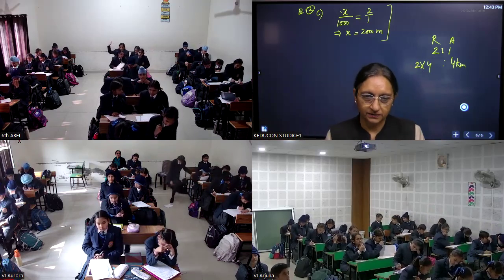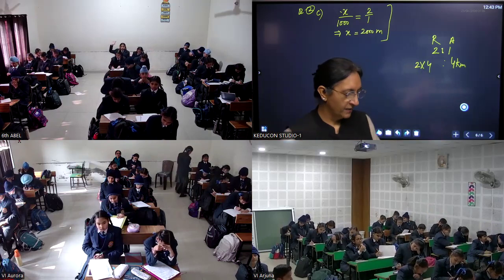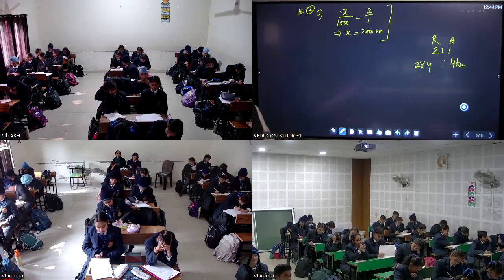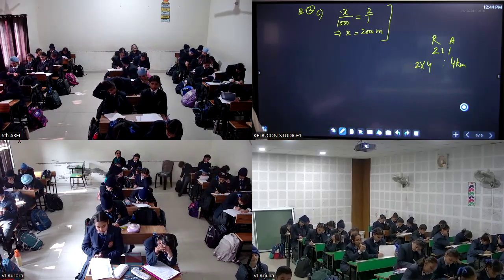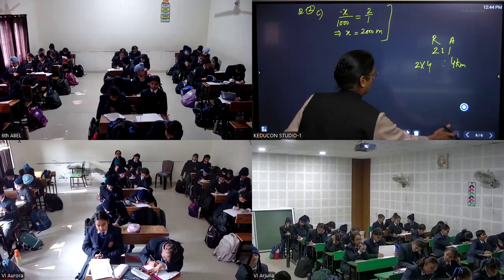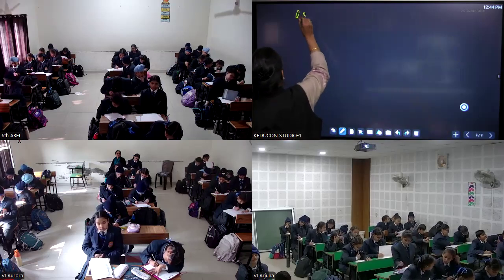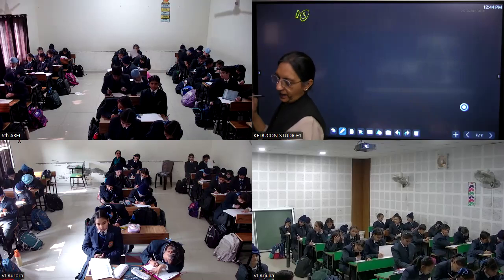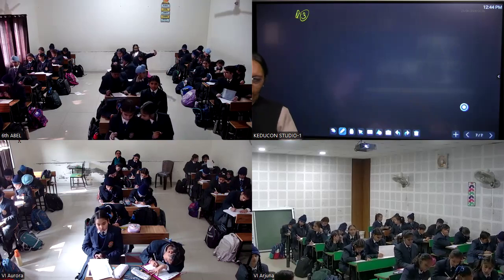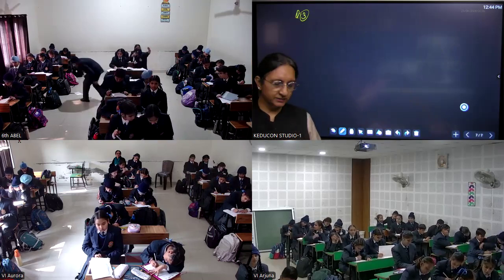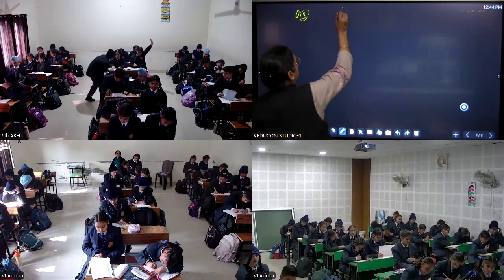Let us do next. Case study 3. Meera went to a park. This is a little different question. Do it nicely. Question number 3. Meera went to a park 150 meters long and 90 meters wide. Please write down 90 meters wide.